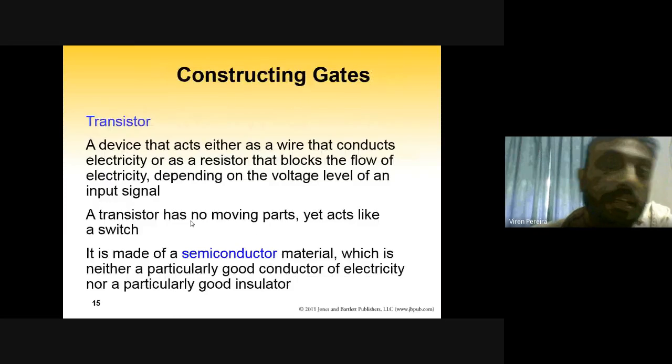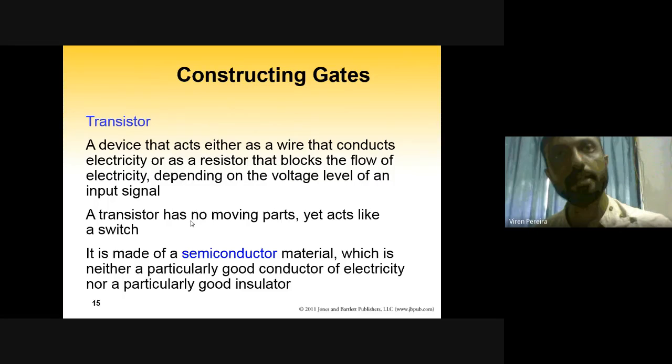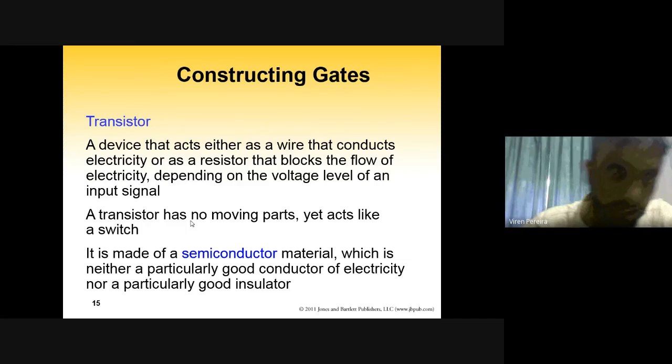Now, constructing gates. Obviously, we came to know how a gate works. If you give 0 and 1 at the input of an AND gate, you will get 0. But how are you going to construct the gate, how internally are you going to make it so that it works?